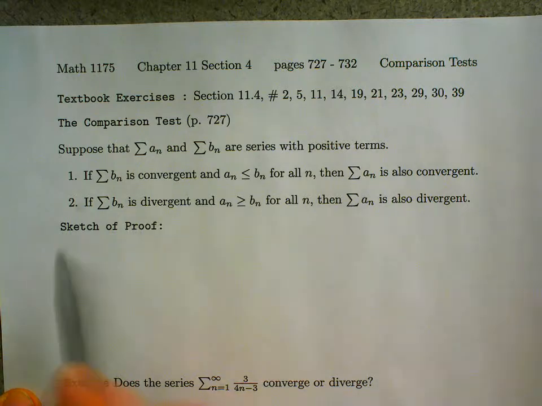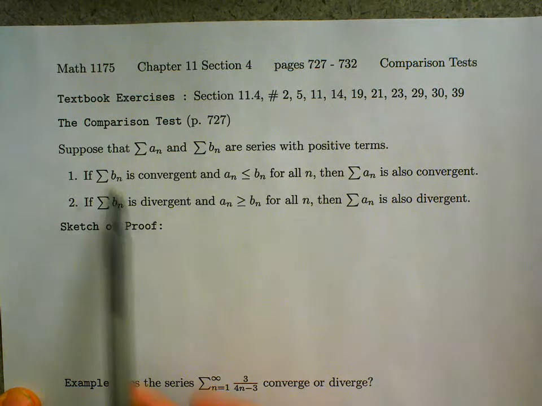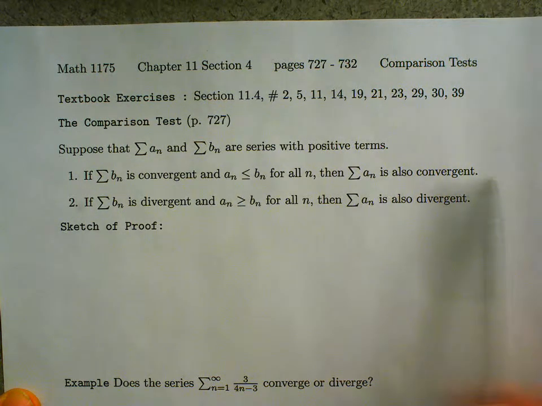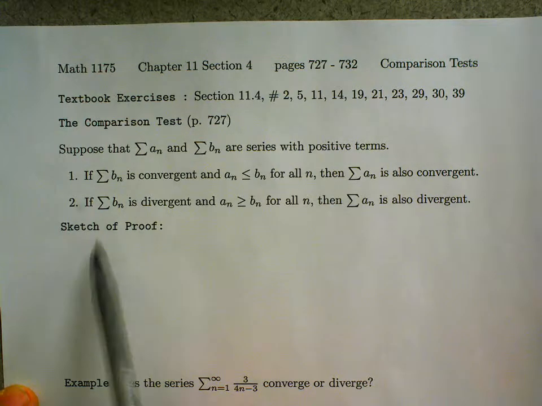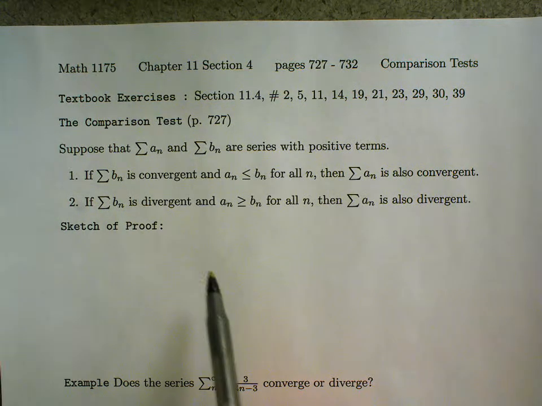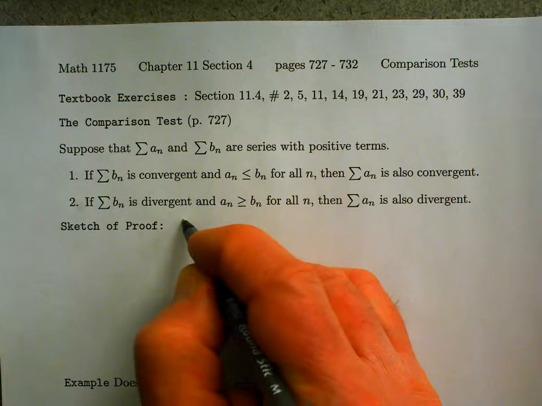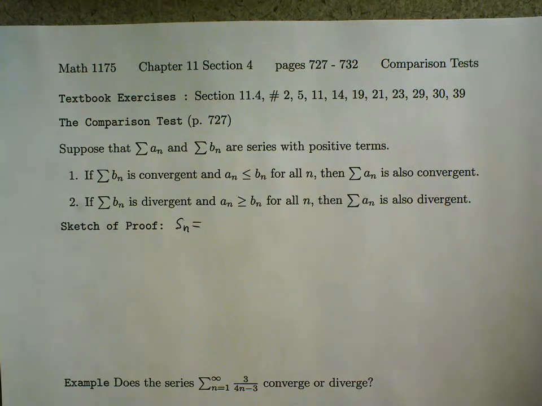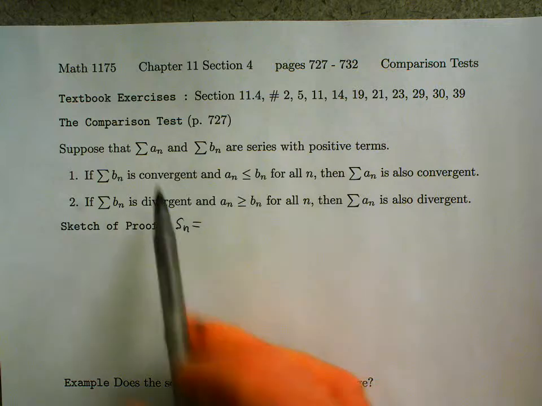So we'll do a sketch of proof. It seems like the result of part one is as it should be, but we'll do a sketch of the proof. So we'll define S sub n to be the sequence of partial sums from the series of the a sub n terms.